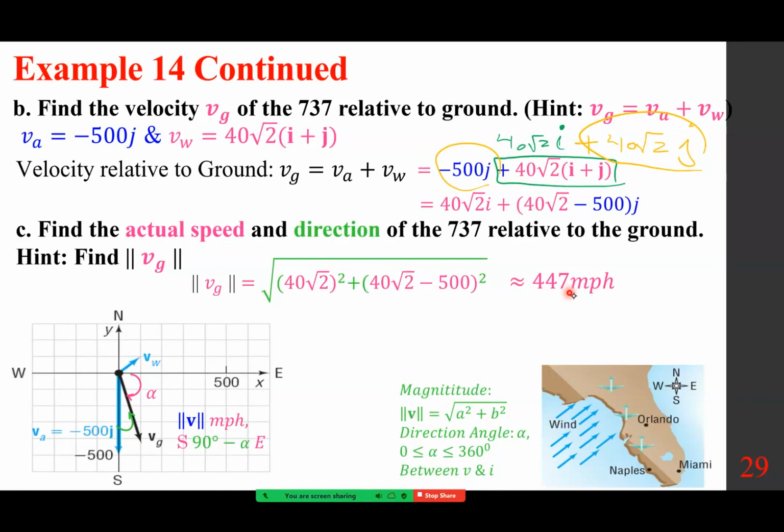And what about this angle? This is b, this is a, everybody. So b over a equals tan of alpha.